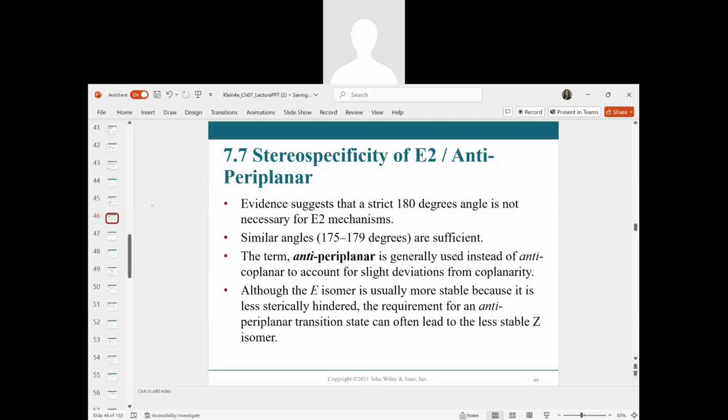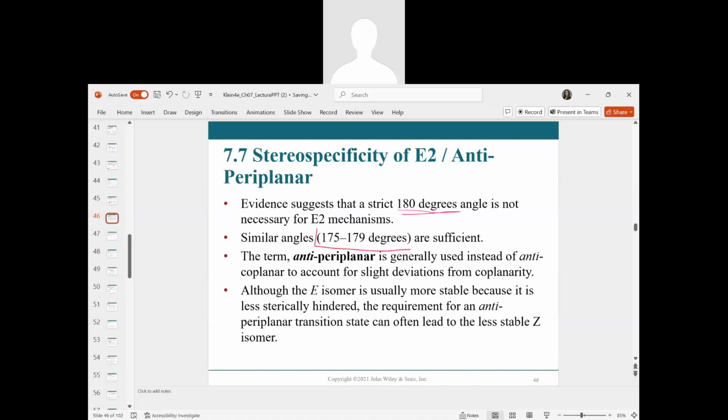So we know that the leaving group and our hydrogen have to be what we were referring to before as coplanar, but there is some wiggle room, if you will, with the exact angle that is necessary for E2 mechanisms.